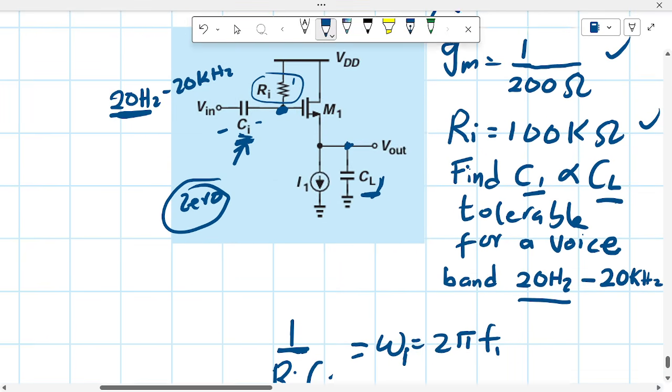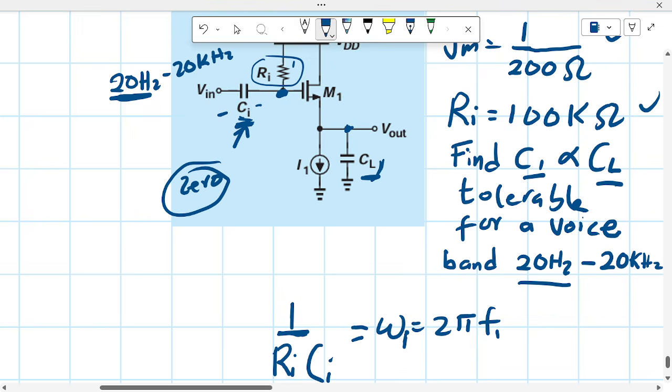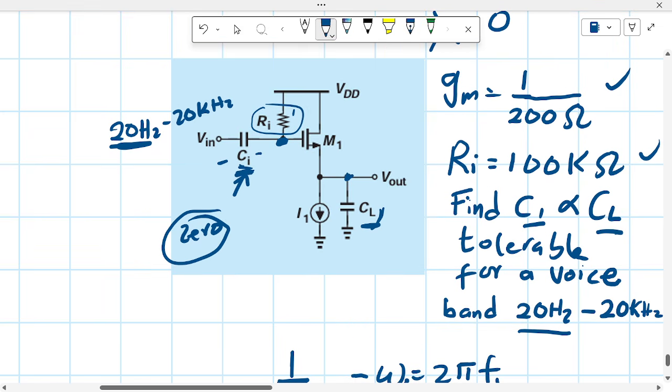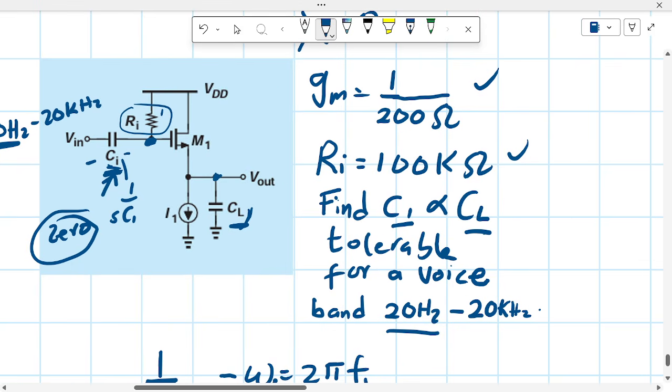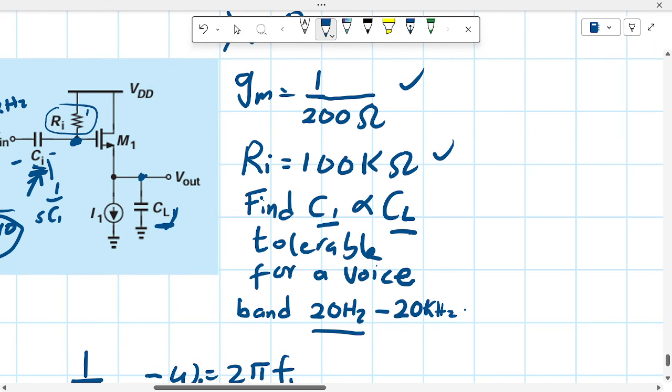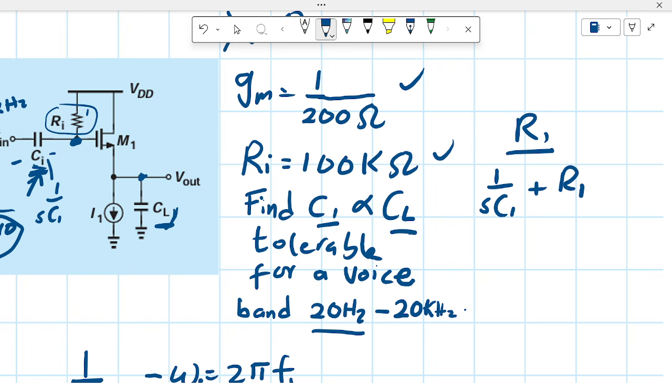So exactly what we are going to do now: we could start by building a voltage divider between this impedance 1 over SC1 and R1, and saying we are going to get something like R1 over 1 over SC1 plus R1.